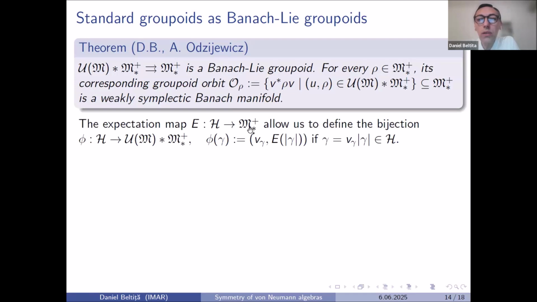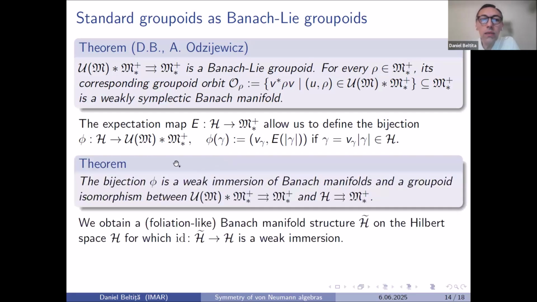Namely, we use again the expectation map to define a bijection from the Hilbert space of the standard representation to this space of arrows. So for every vector, we take its polar decomposition, and on the first part, we put the partial isometry. On the second, we put the expectation of the positive part of the vector.